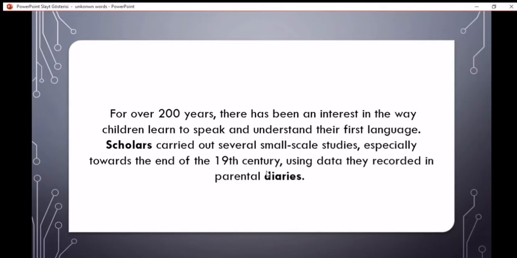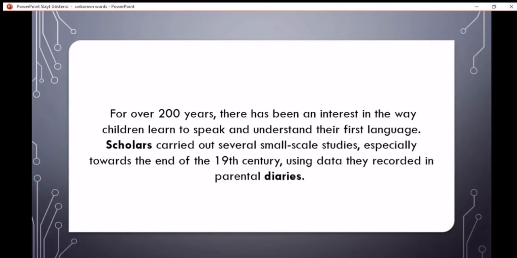Third step, we find out how the word affects the others. So, this, let's remember, is the subject. Now, the subject does the action, right? It says, the action is carried out several small-scale studies. I'm just a teacher. I can't carry out several small-scale studies. I can't do that.